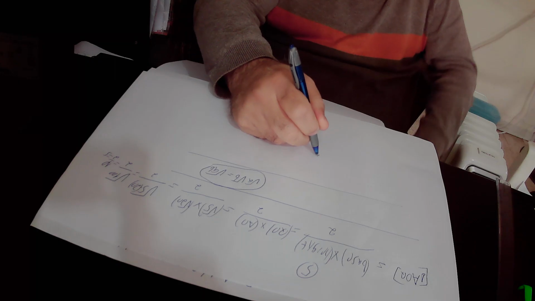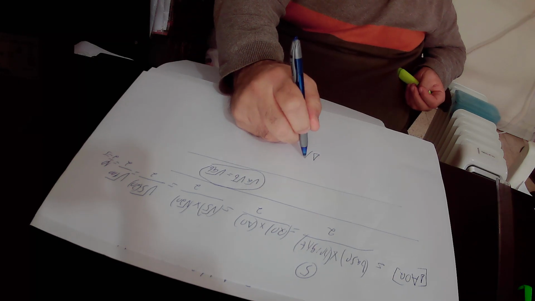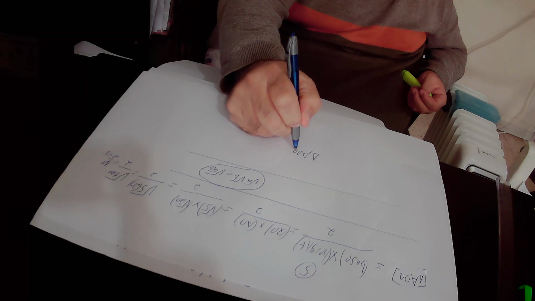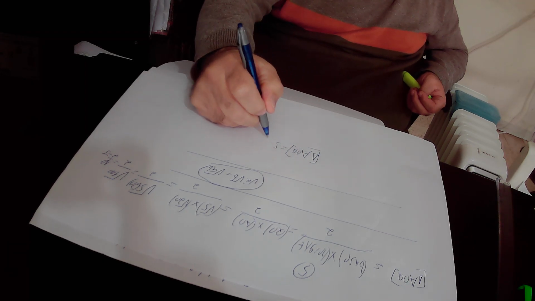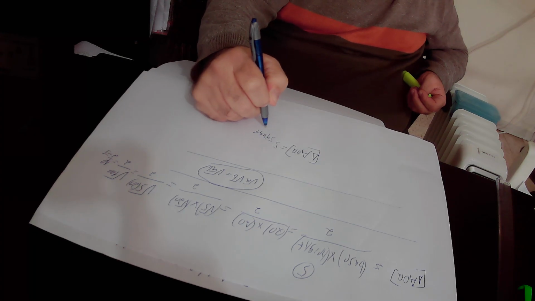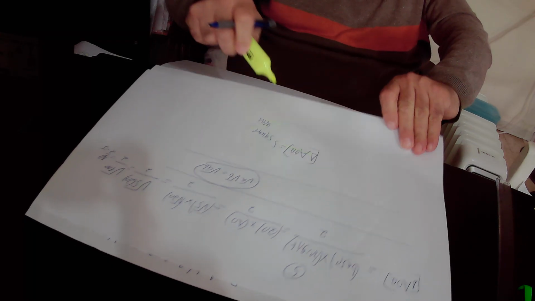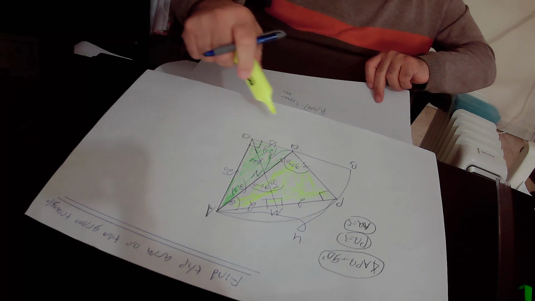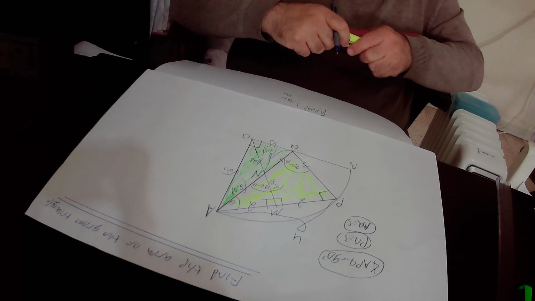So in conclusion, we found out that the area of the green right triangle AOQ is equal to 5 square units. I repeat again, the area of this green triangle AOQ equals 5 square units. In the next step, I will summarize the lecture.